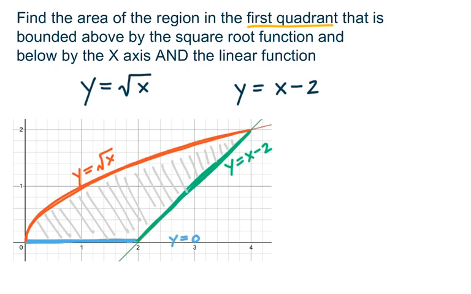And the answer is no. You see, if I draw this little invisible line, you'll notice that from 0 to 2, my upper bound is the red square root function, and my lower bound is that horizontal line, y equals 0. But from 2 to 4, my upper bound is the square root function, and my lower bound is the green function, y equals x minus 2.